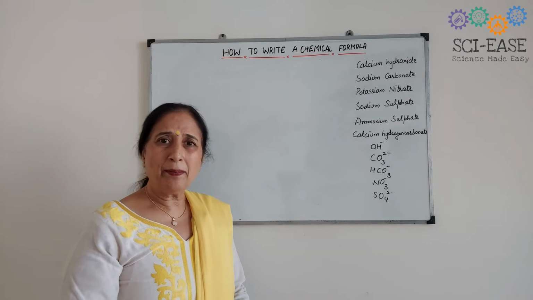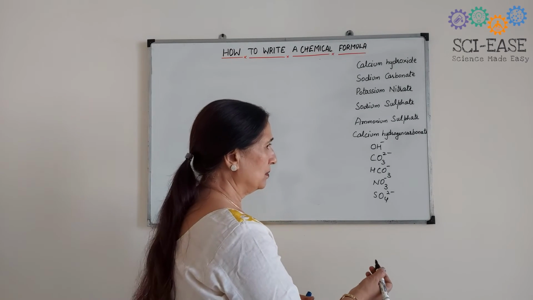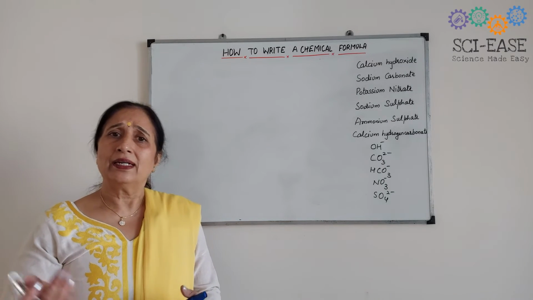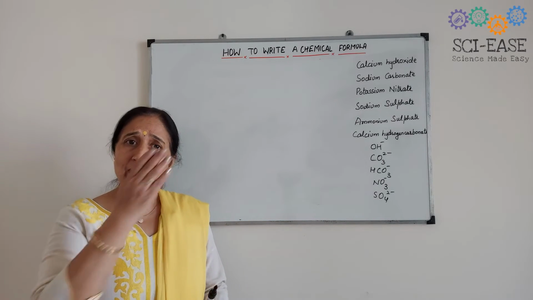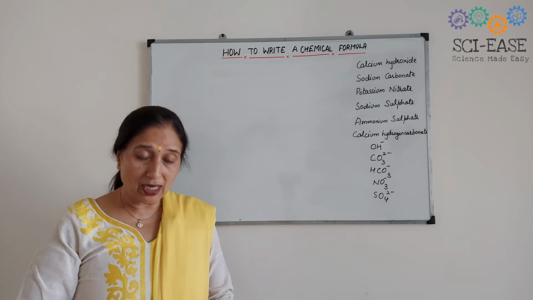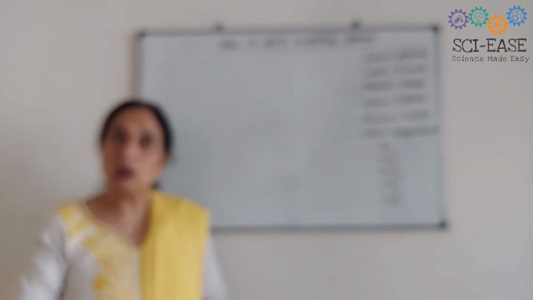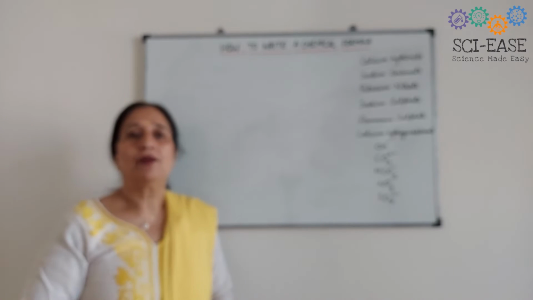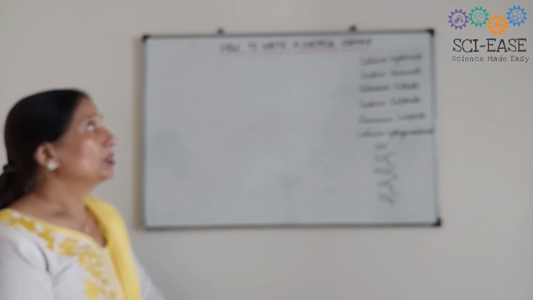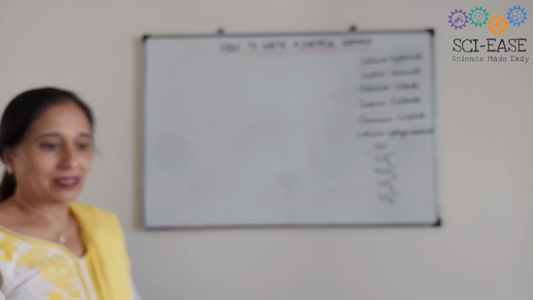So there are many, manganate ion, dichromate ion. First, you are to learn these compounds which are simple and commonly used when you will study the chemistry. So calcium hydroxide.